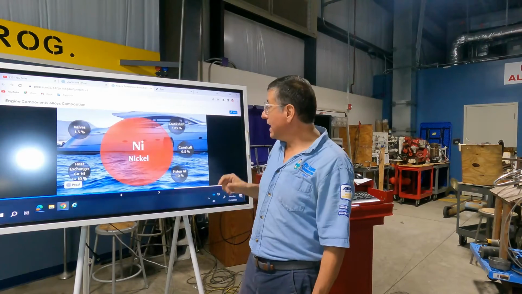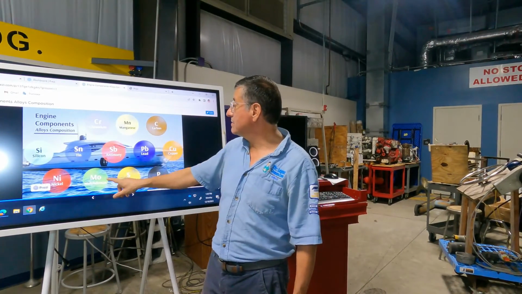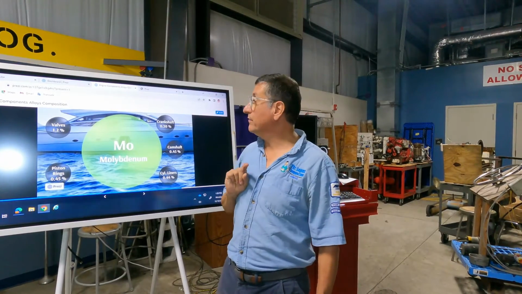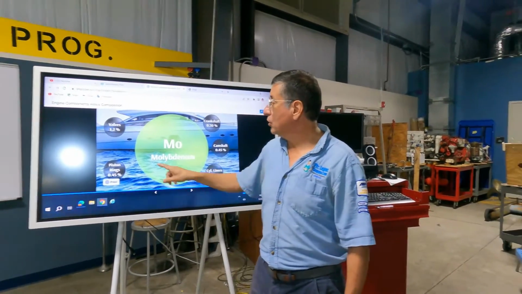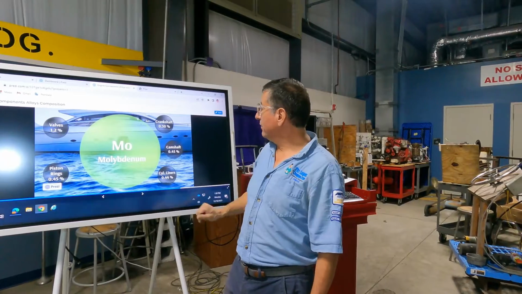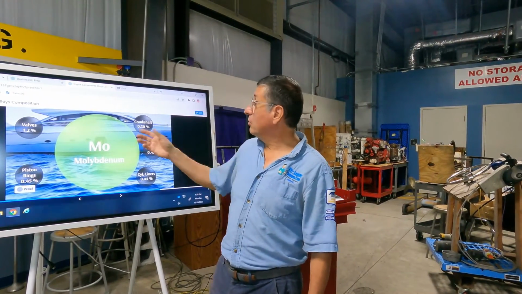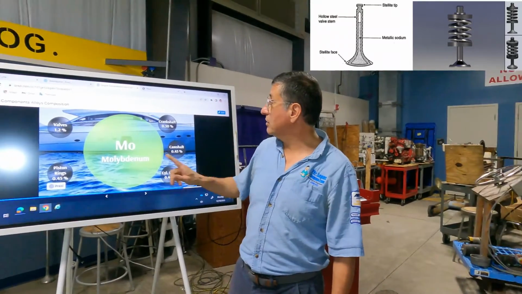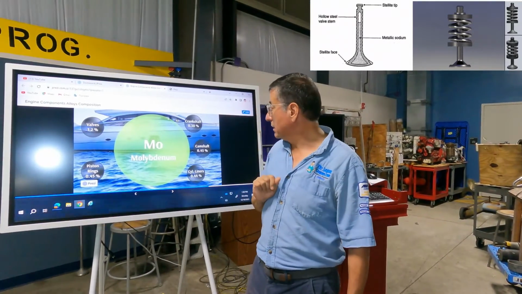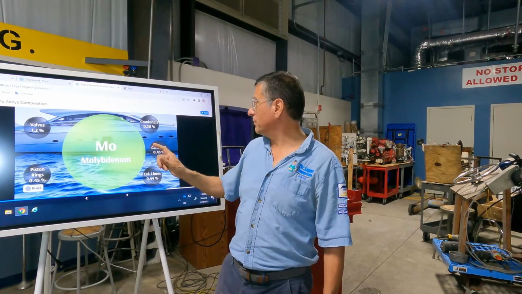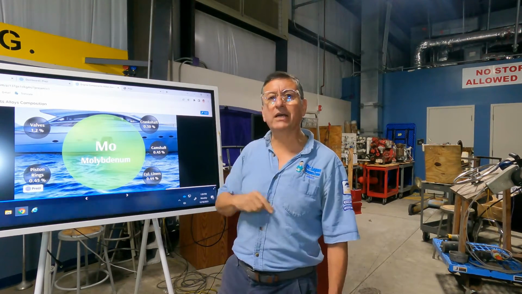All right. Another element that we are going to analyze is molybdenum. Once again, we have a high content of molybdenum on the valves, on the piston rings, on the crankshaft, on the camshaft, on the cylinder liners. On the valves, you found the highest content of molybdenum, 1.2%. After that, the rest is around 0.4% on the piston rings, cylinder liner, camshaft, and crankshaft.